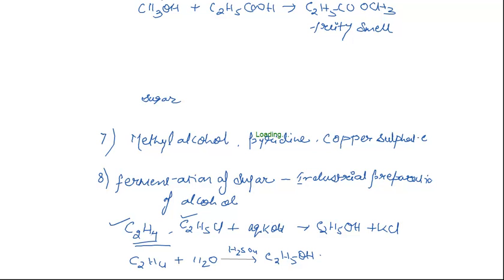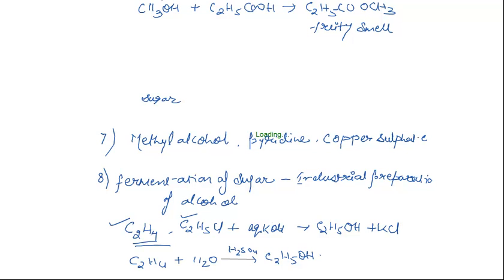So this alcohol, or ethanol, can be prepared by this. It can be prepared using either ethyl chloride or alkene. It is manufactured by the fermentation of sugar.